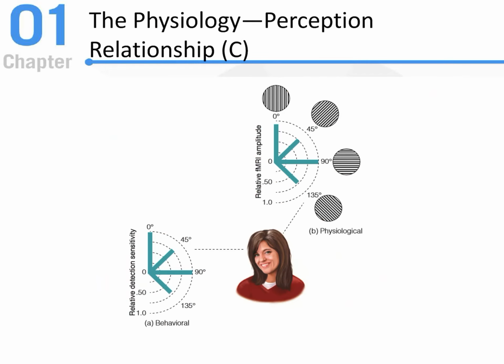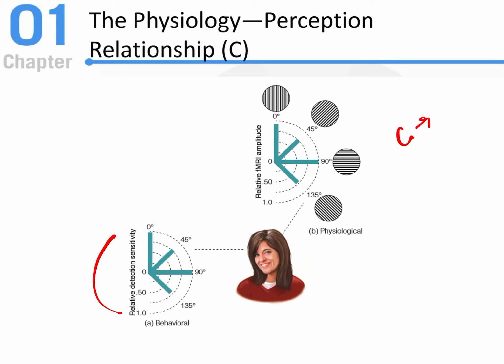When it comes to humans, we can look at something like, for example, fMRI. And here we can actually see sensitivity to different orientations. And here, this study that was done in 2000 actually confirmed in humans relationship C, which is that the brain, the physiological response, is recognized in humans by perception as well.